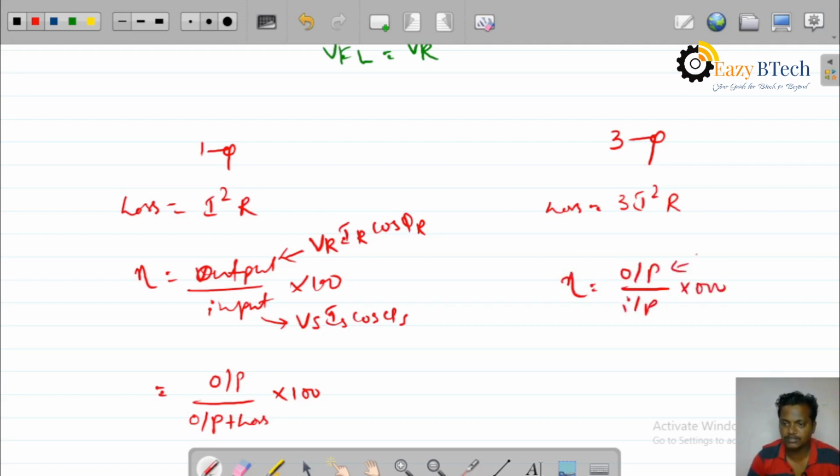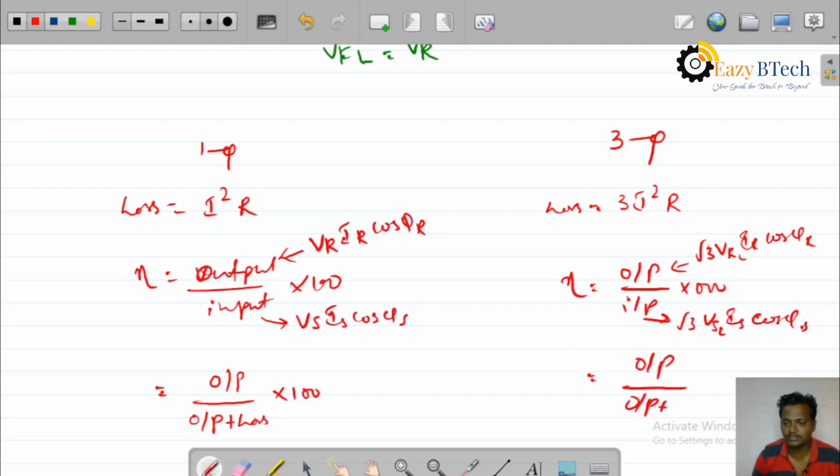Here output is root 3 VR IR cos phi r. It is a line voltage. Input is root 3 Vs Is cos phi s, it is a line voltage, or output by output plus losses into 100.